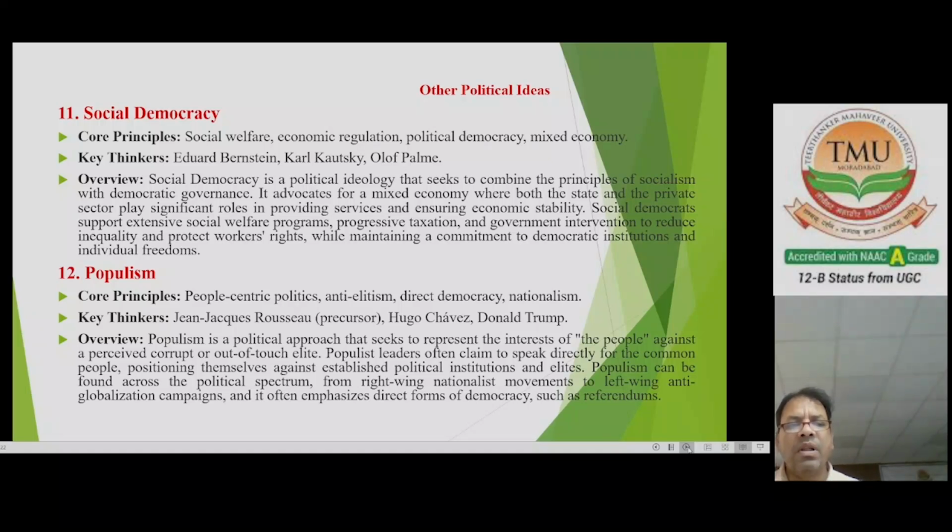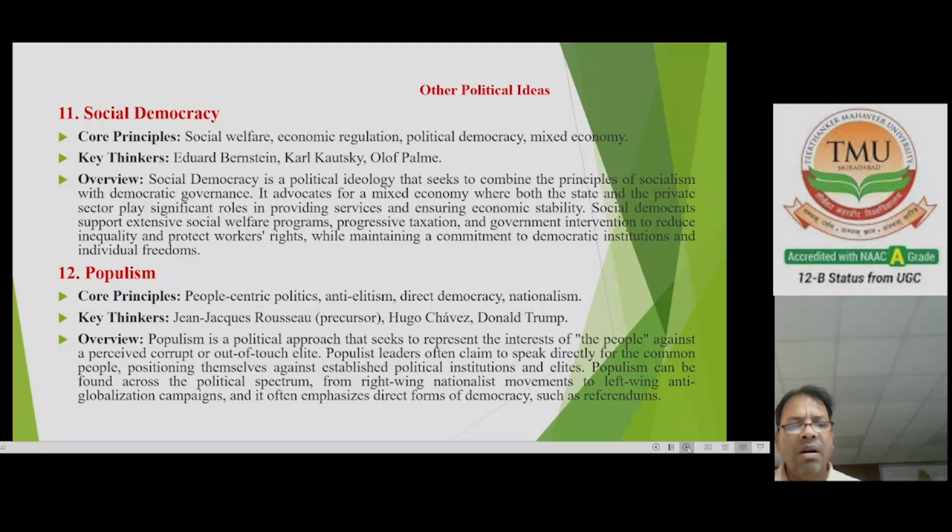When we talk about populism, that is people-centered politics, anti-elitism, direct democracy, and nationalism. Populism is a political approach that seeks to represent the interests of the people against a perceived corrupt or out-of-touch elite. Populist leaders often claim to speak directly for the common people, positioning themselves against established political institutions and elites.